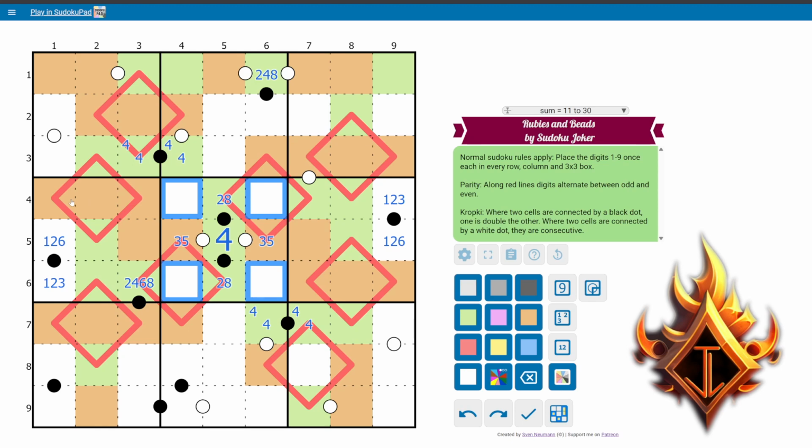What is this doing for 9? If 9 goes here, it will go there and at the bottom. If it goes here, it'll go at the bottom. I guess that's okay.